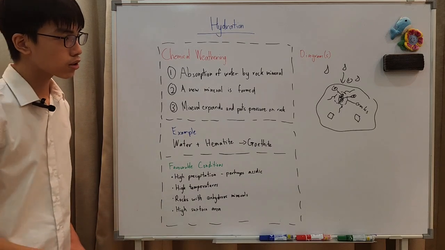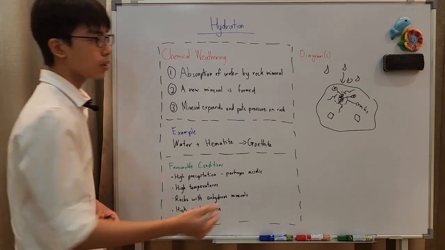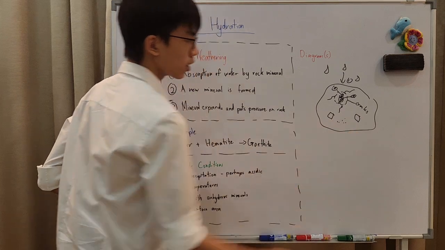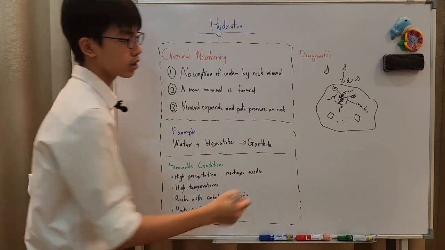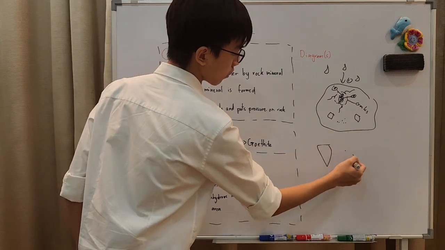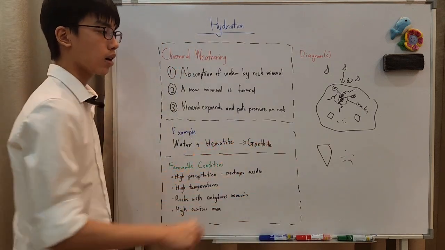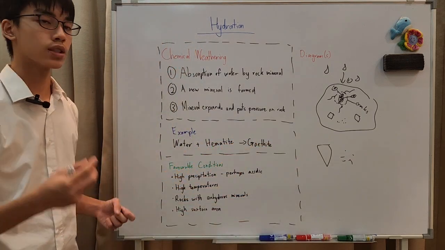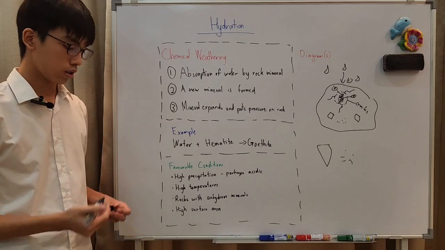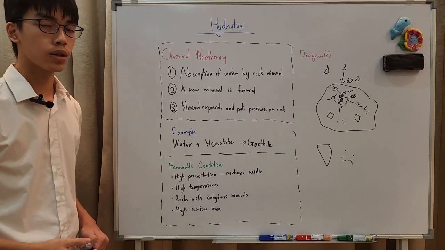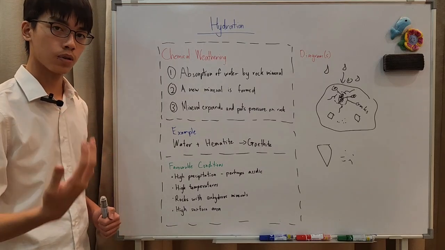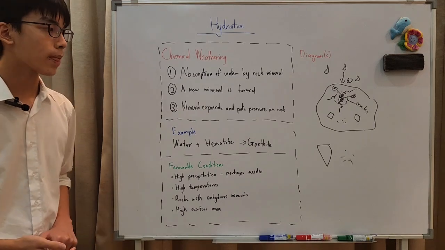And high surface area. So if your minerals are maybe dots, that means it's high surface area, whereas if it's just a square compared to a lot of dots, the dots have more surface area than the square, and therefore the more granular the minerals are, the greater the rates of hydration.